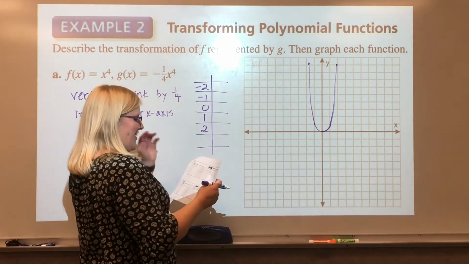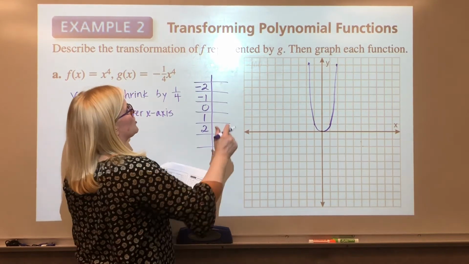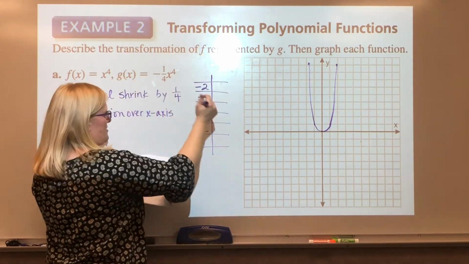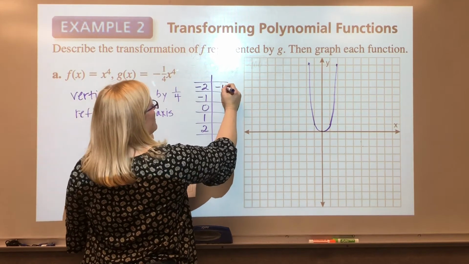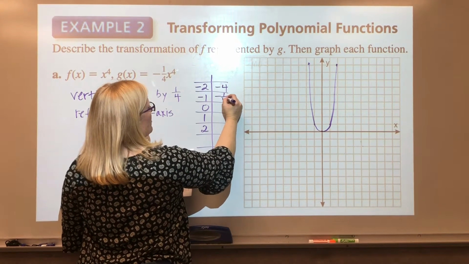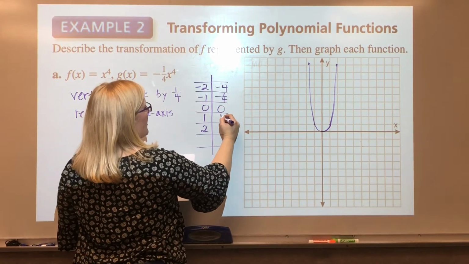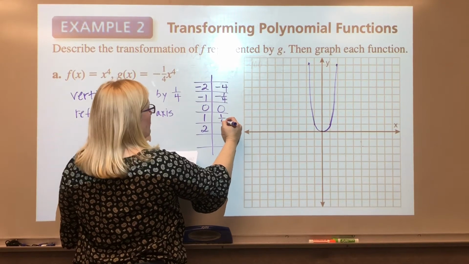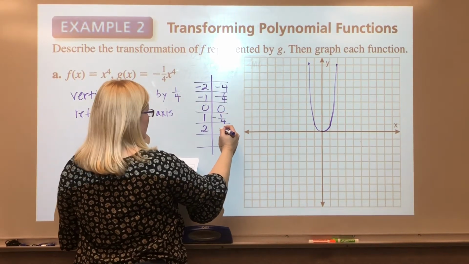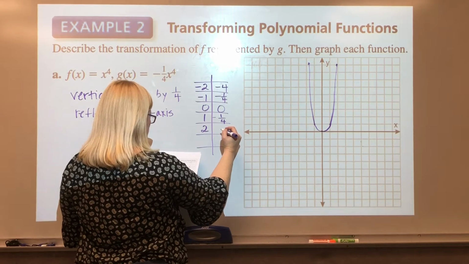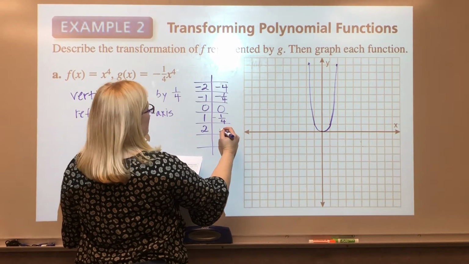Okay, sorry. So when I plug in -2 into this equation, I get -4. This is -1/4. This of course is 0. Then I have -1/4 again, and I have -4.